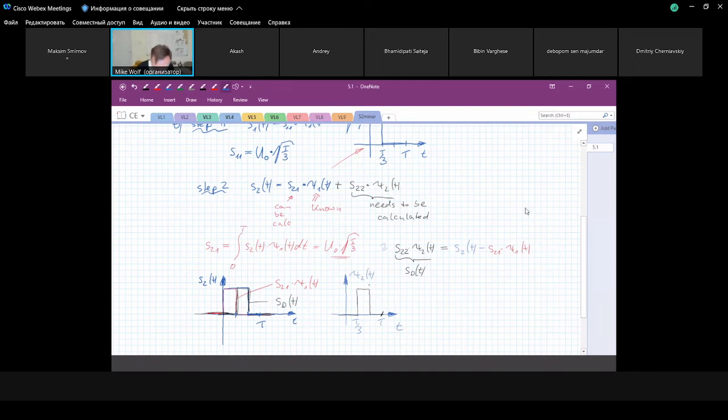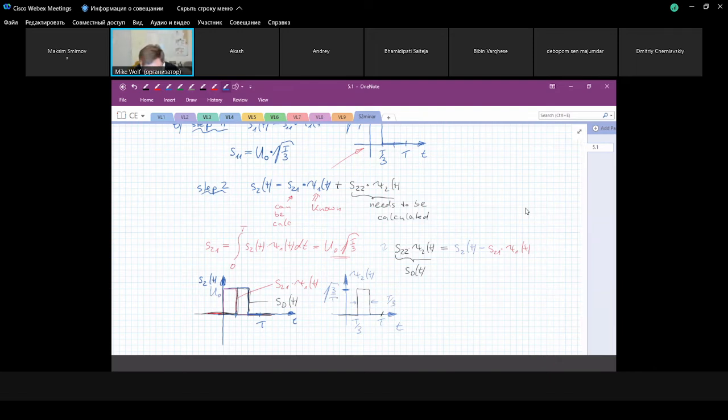Of course, here we have this amplitude u0, and you just have to think about which weighting is required in order to ensure that C2 of t has an energy of 1. Because the duration of this pulse is t by 3, this is again square root of 3 by t. And now we found the second basis function.